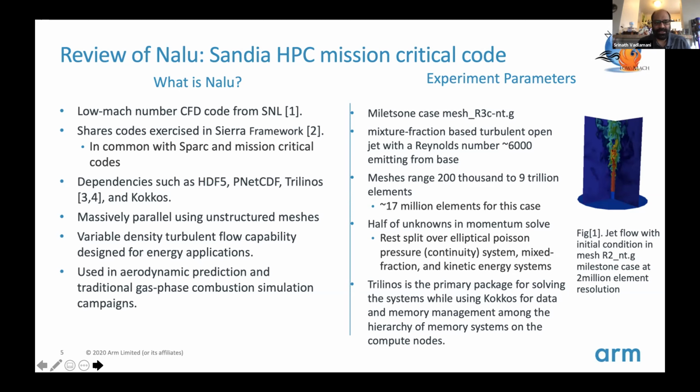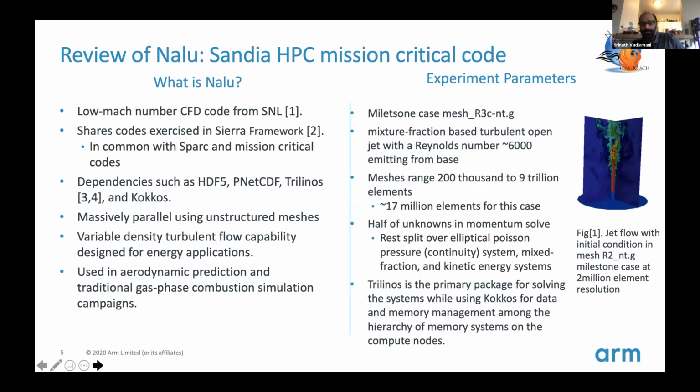And the fact that it does the predictions of aerodynamics and gas phase combustion is, you can imagine, a very detailed simulation of a jet flow from an actual combustion jet. Another application that I've seen Nalu used for is aerodynamic flow around a projectile going through an atmosphere.